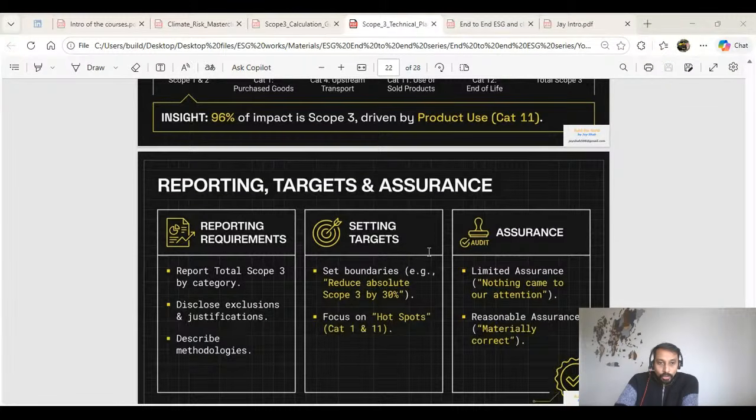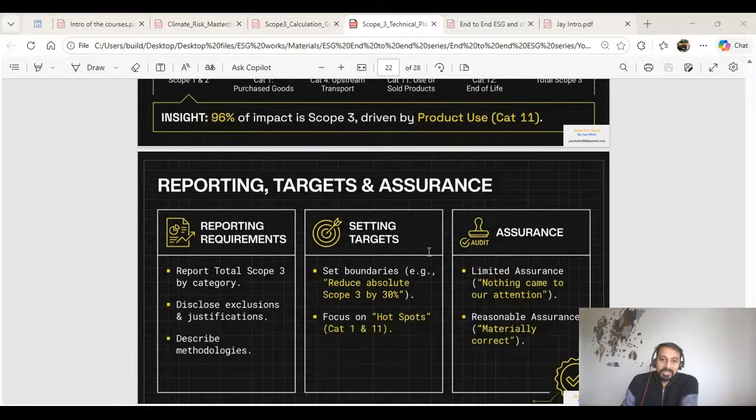And the assurance part is very important, because assurance progresses from limited to reasonable. Limited means nothing came to our attention. Reasonable means materially correct. That depends on the maturity of your report and your company, how mature your progress is.